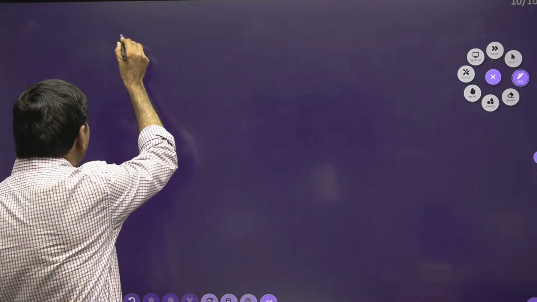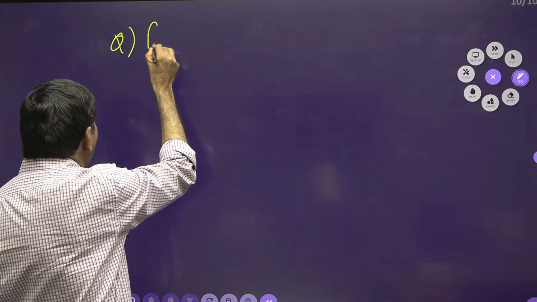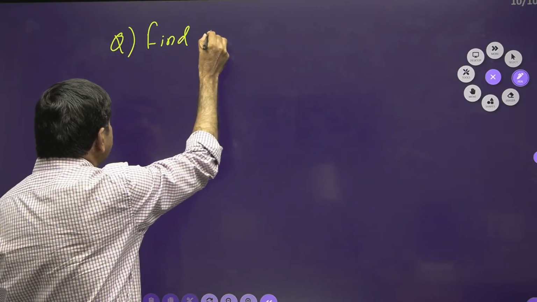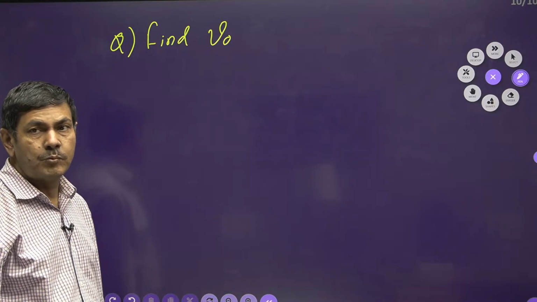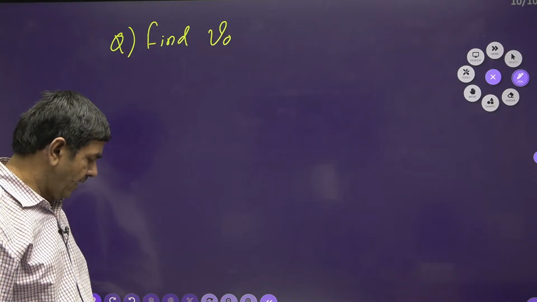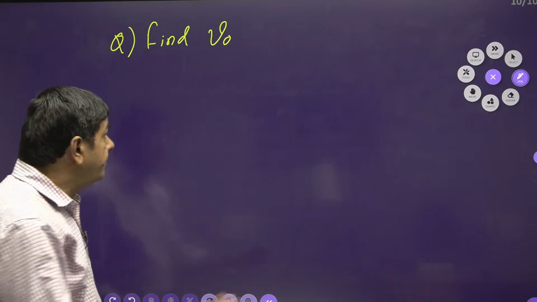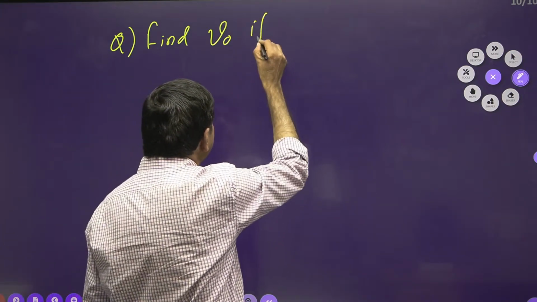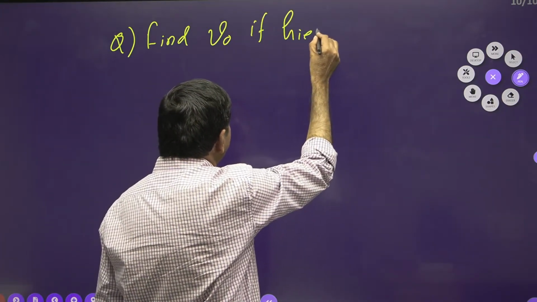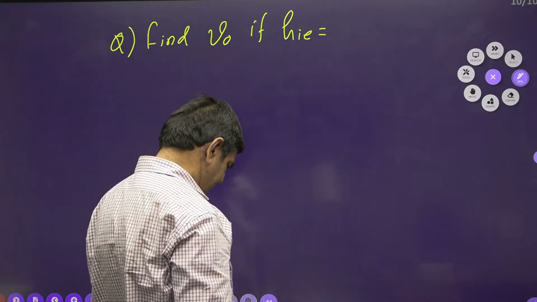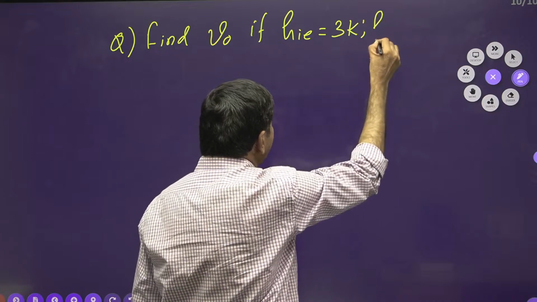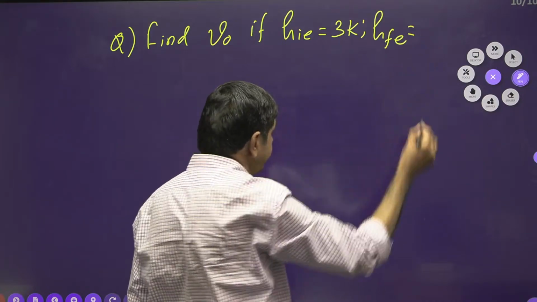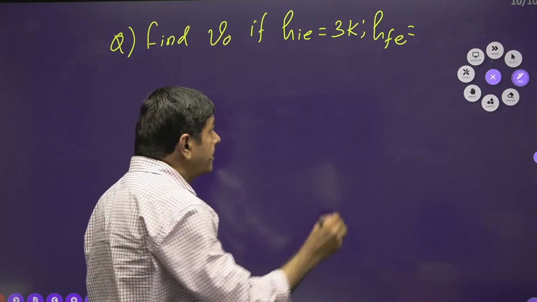Find, I am not asking for voltage gain, I am asking to find V0. V0 is nothing but the output voltage. If HIE equal to 3K, HFE equal to 50 is given.